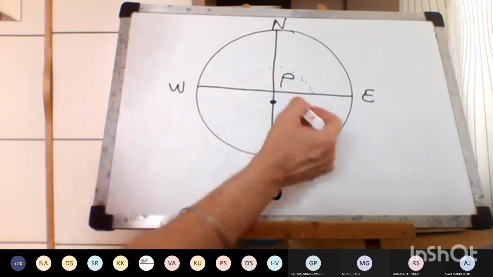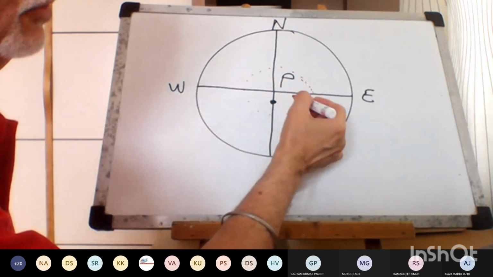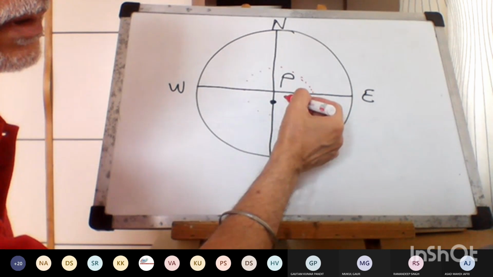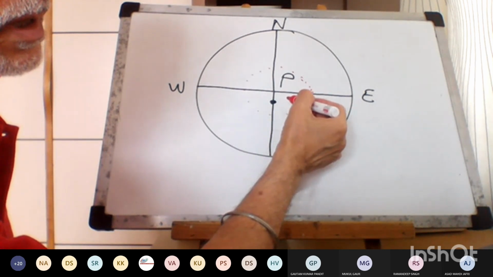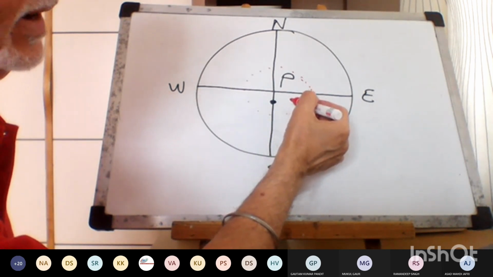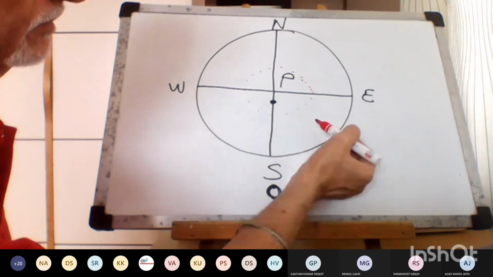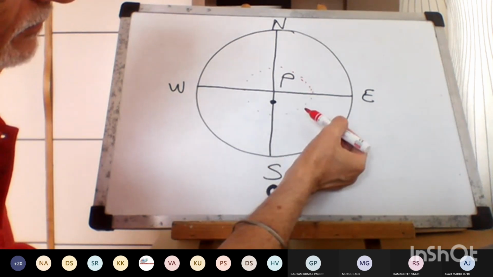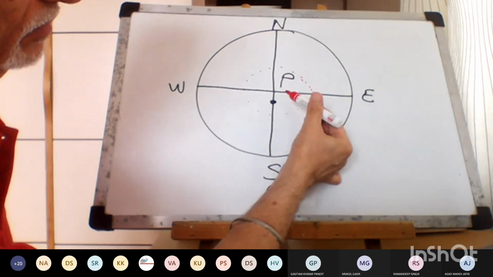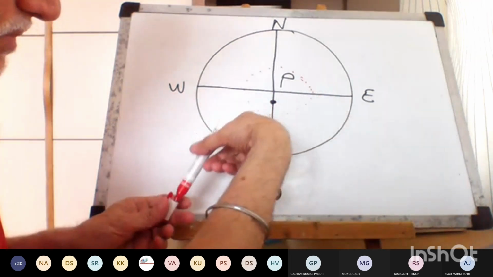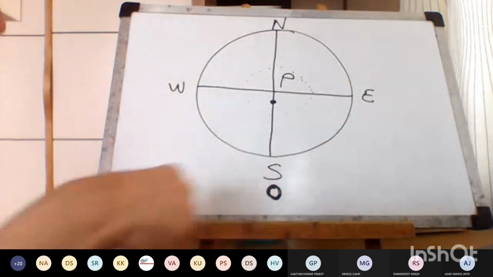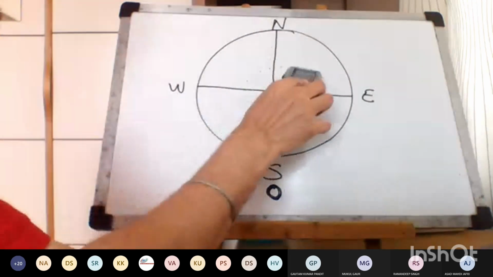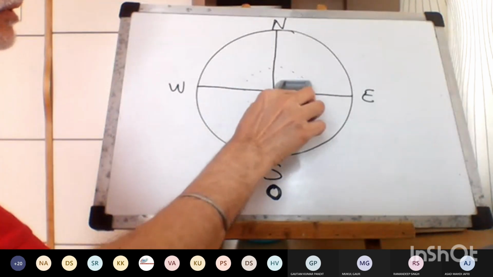So when I draw the hour angle for the observer, or let me make it a little simpler for you. Let me make this the observer.